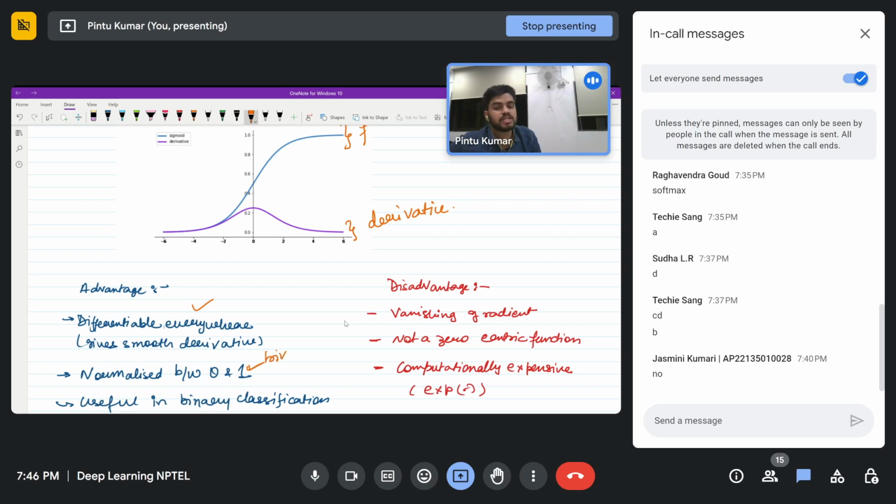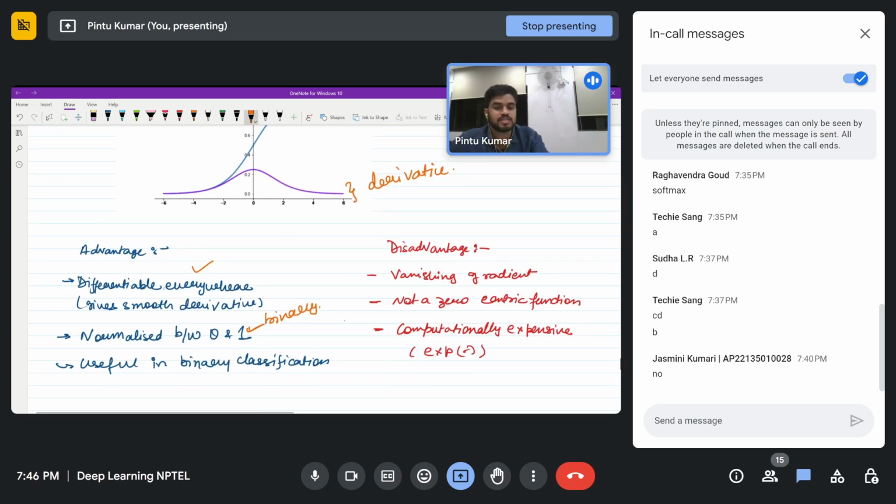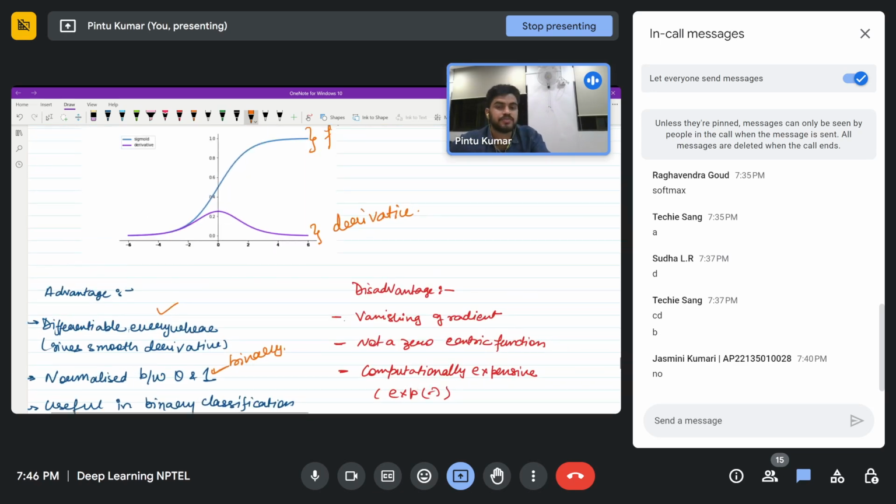So for binary classification, if we just output one perceptron with this kind of activation function, we will get our answer. Because it is normalized between 0 and 1, this is very useful for binary classification.